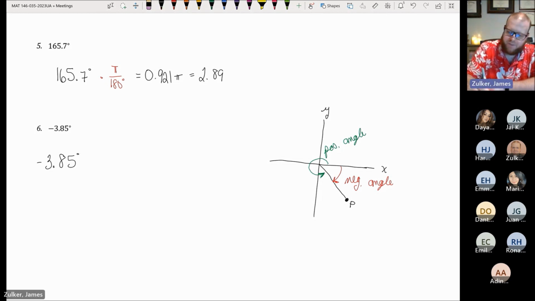Again, we're going to multiply this by pi over 180 degrees. So we again have two ways we can represent it. We can either represent it in terms of pi or also get rid of pi.